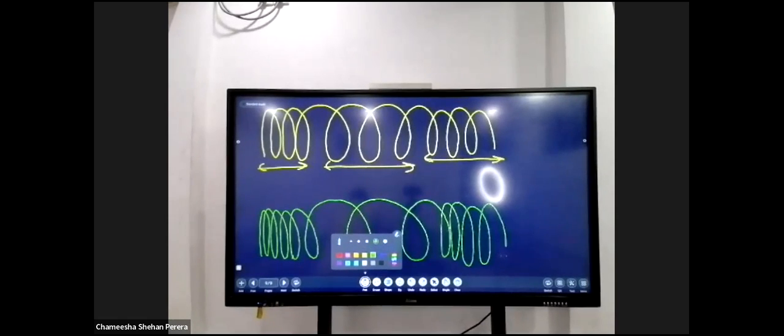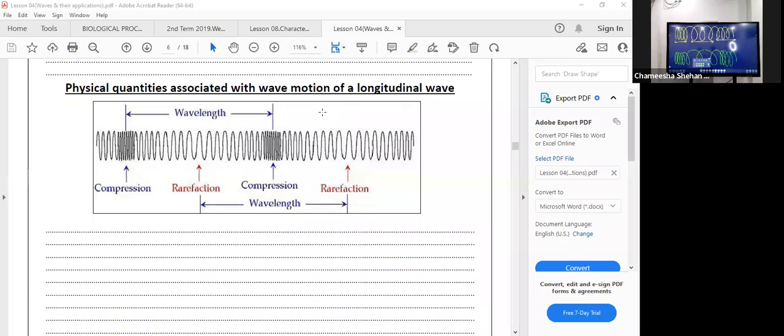The distance between the centers of two consecutive compressions or two consecutive rarefactions is considered as the wavelength of a longitudinal wave.